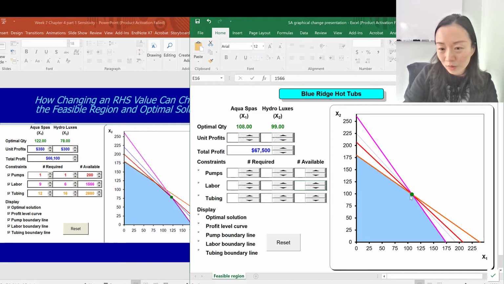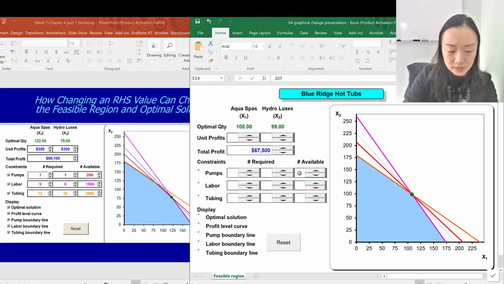At this point, you see if the right-hand side of that first constraint becomes 207, then all those three lines defined by those three constraints intersect at the same point. So this one corner point is the optimal solution.